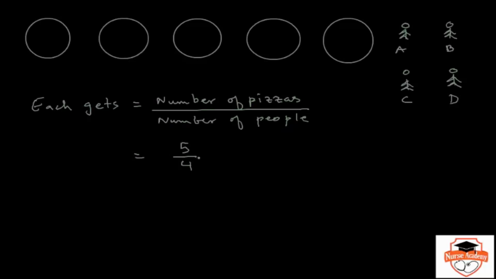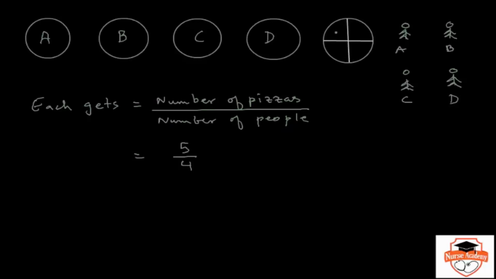Now, if you apply some common sense and put yourself and 3 of your best buddies in this kind of situation, you'll probably realize the best way to do this division equally is to give the first pizza to A, the second to B, the third to C, the 4th to D, and then cut the 5th pizza into 4 equal parts.